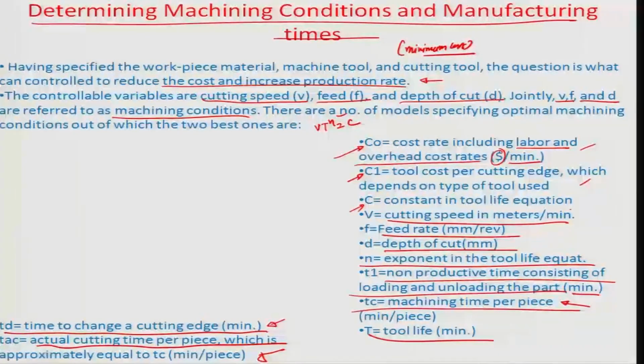So, the minimum cost per piece in this case consists of the following costs.